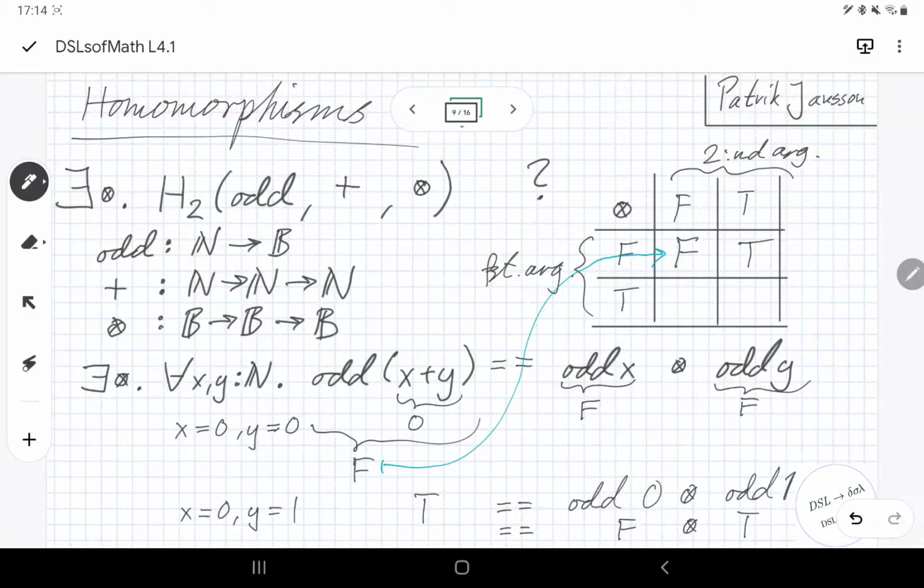Okay, now we have 2 out of the 4 values, and here we are helped by the symmetry of addition, or the commutativity. So if we add two numbers x and y, or if we swap them around and add y to x, we get the same result. That means that we also force this operator to have the same property, because we move odd x and odd y to the opposite positions.